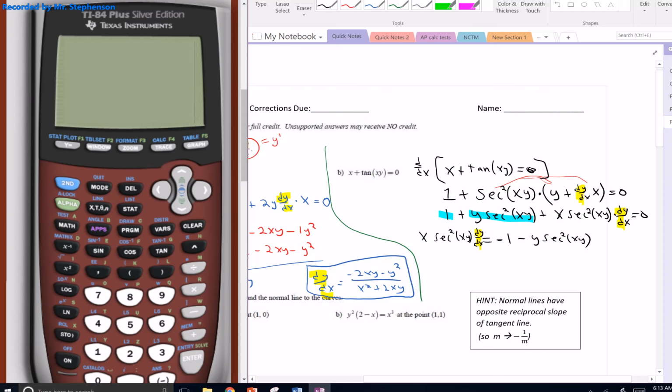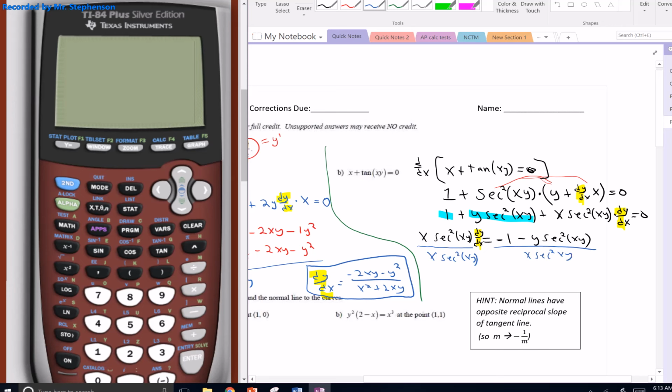There's no factoring that I need to do because there's only a single term that has dy/dx, so I can just divide both sides by x secant squared xy, the whole thing.